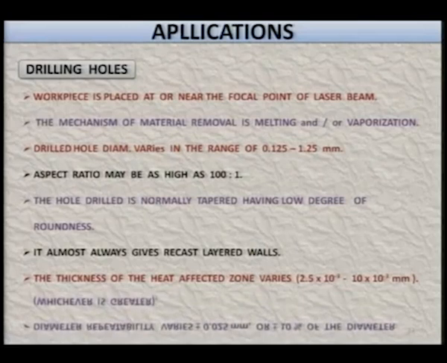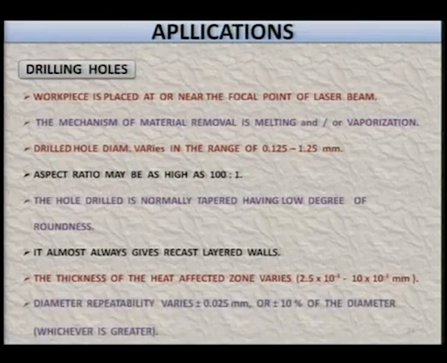And diameter repeatability by the laser beam machining process lies between plus minus 25 micron or plus minus 10% of the diameter, whichever is greater. Now, this variation is there. There are some other problems with the hole being drilled. I have already shown to you when I was discussing the long pulses and short pulses.